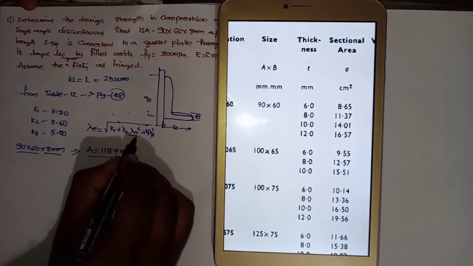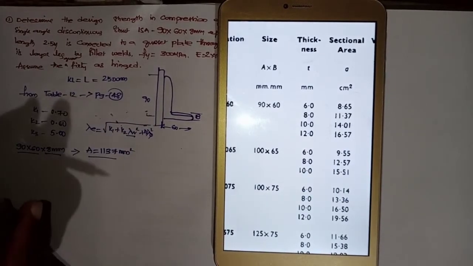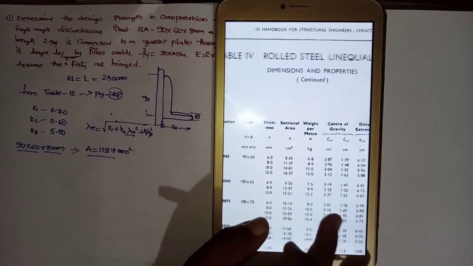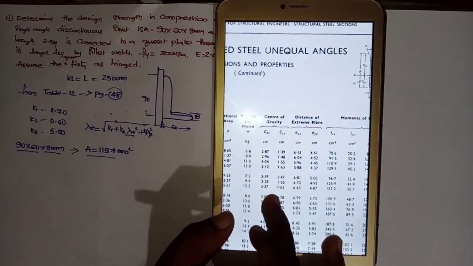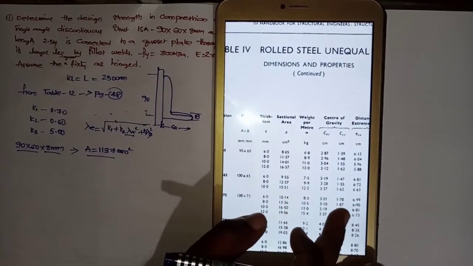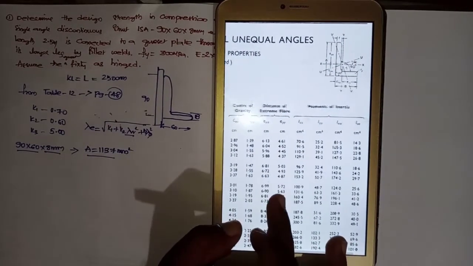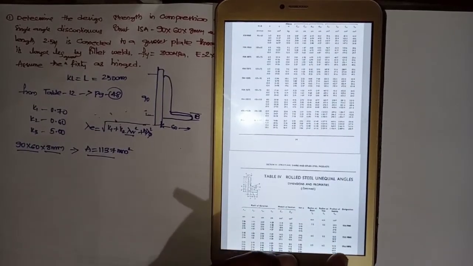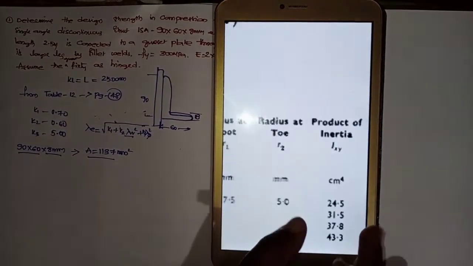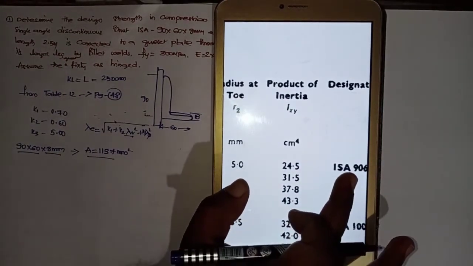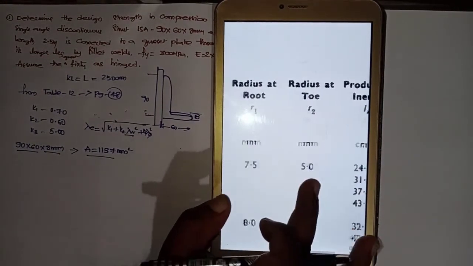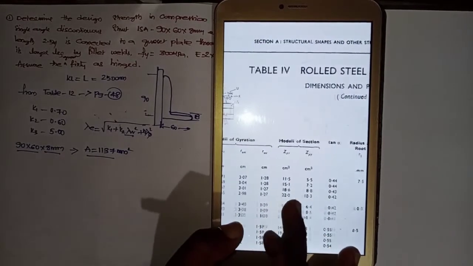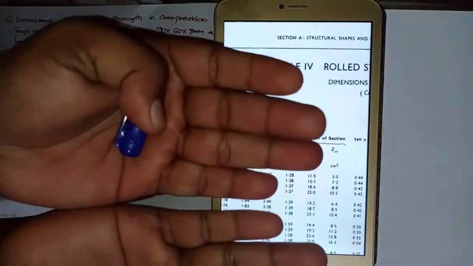Now while calculating lambda VV, you want RVV, that is the minimum radius of gyration. So here, 90 by 60 by 8 mm. If I go to the next page, see, 90 by 60 by 8 mm, second line. Actually this is a two-sided book.